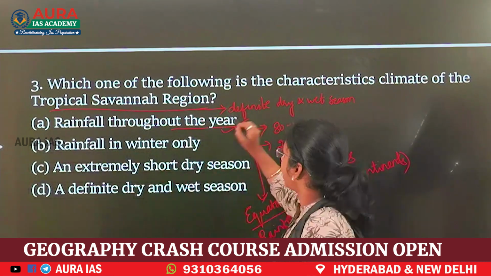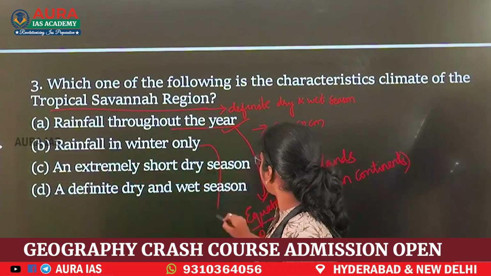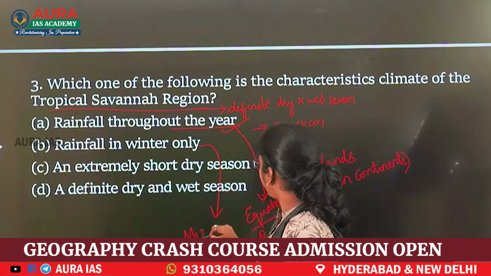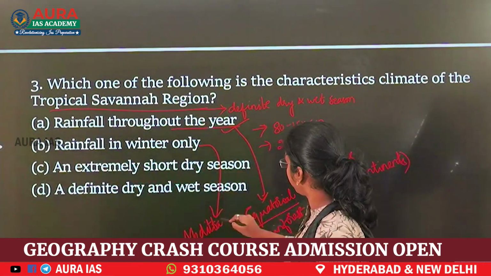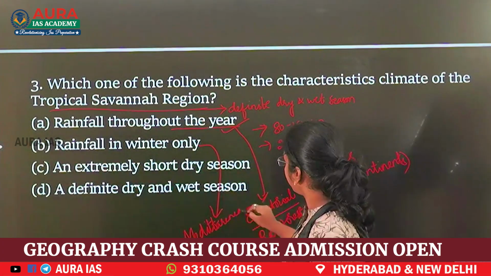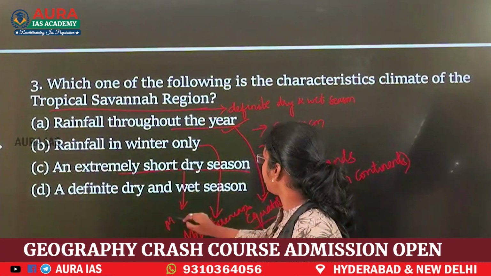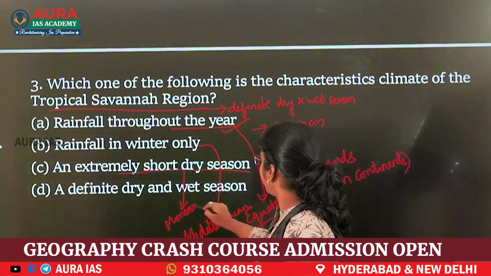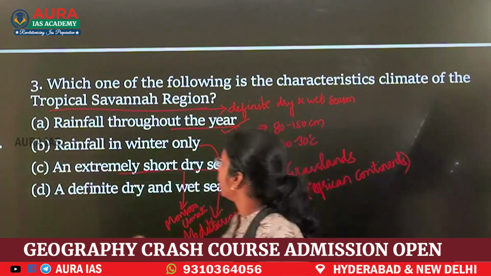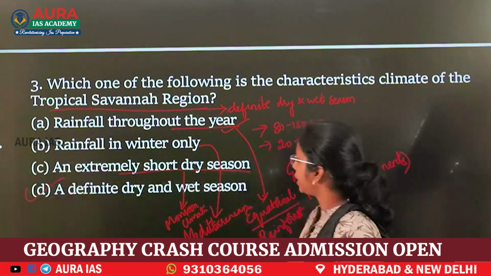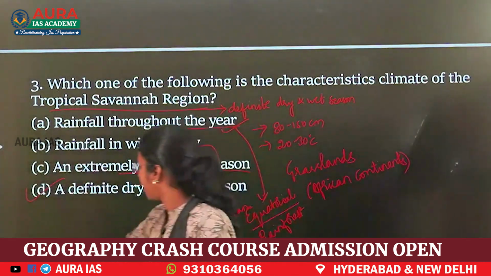Rainfall in winter, this you see in Mediterranean region. Next, extremely short dry season you see in monsoon climate. So answer is a definite dry and wet season in tropical savanna region.